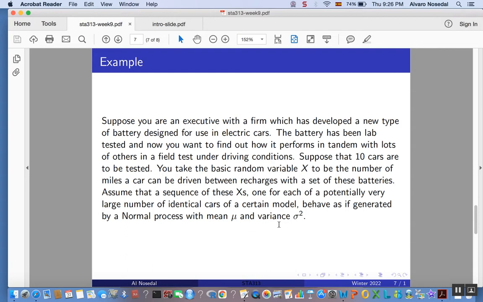If you recall, what we did before is we assumed that we had enough knowledge about this process so that the variance sigma squared could be regarded as known. In this case, we no longer assume that. So both mu and sigma squared will be unknown parameters.